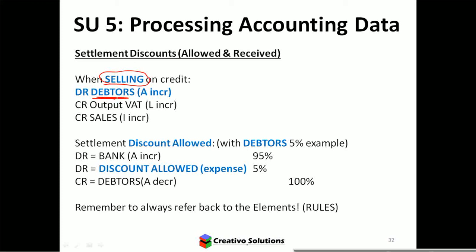Okay, so if you've sold something on credit, do you always get the full amount? No. Sometimes you might offer a discount. So for example, 5%. So this means I'm trying to incentivize the outstanding debtors to pay. Okay, so does your company have lots of debtors that are outstanding?